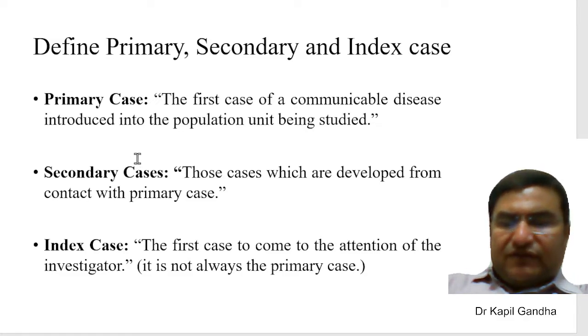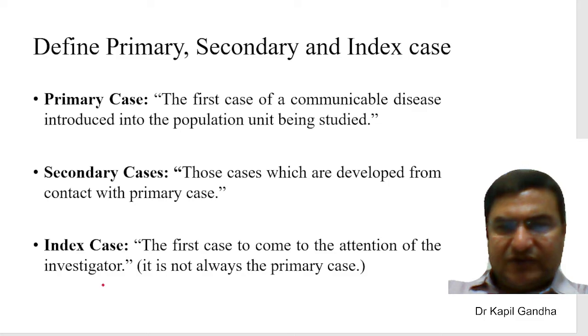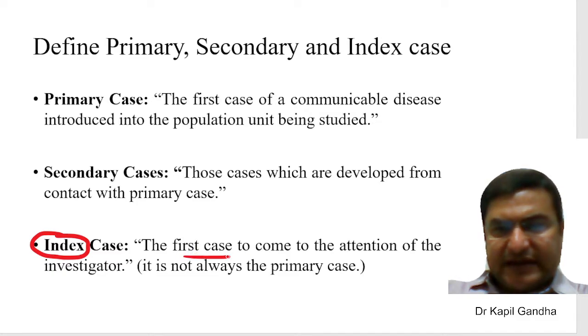Now, a few more definitions, like primary case, secondary case, and index case. First, we need to learn about the index case. What is an index case? It is the first case to come to the attention of the investigator.